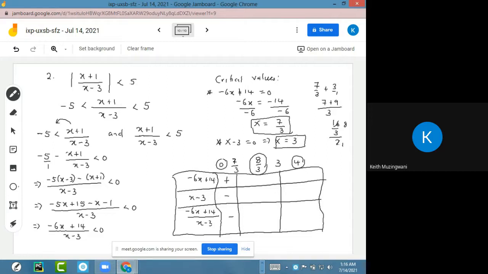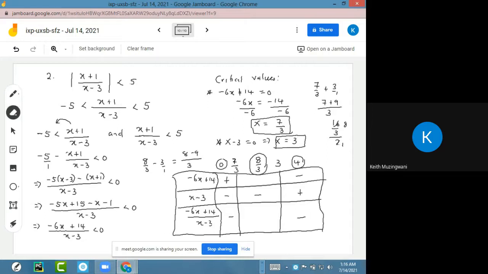If you use 4, we'll get negative over positive, negative. Let's see in between here. We are getting negative here because it will be 8 minus 3 minus 3 over 1. Common denominator is 3, so we'll get 8 minus 9, which is negative.